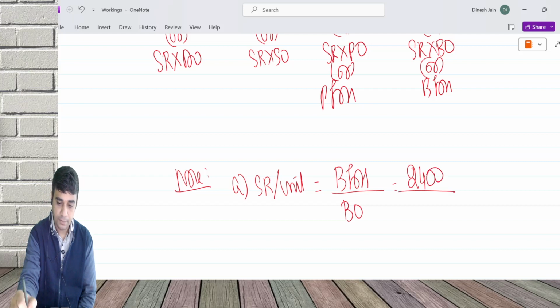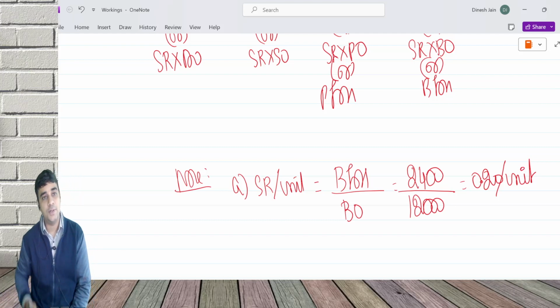Output, 12,000. So SR per unit is 2400 by 12,000, which is 0.20 per unit.